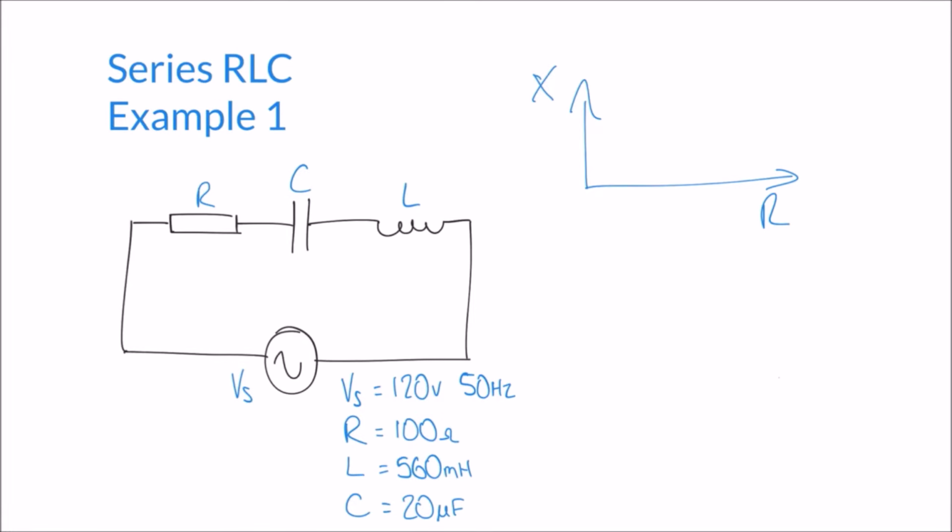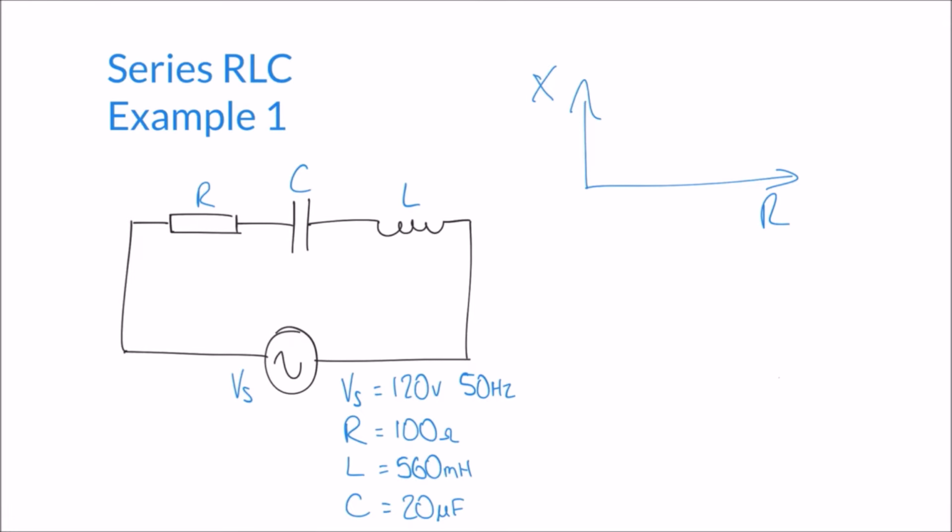This is because we're representing resistance as a real number going along our x-axis, as it were, and reactance is what's called an imaginary number, going up the y-axis, and together we're going to use those to calculate our impedance.